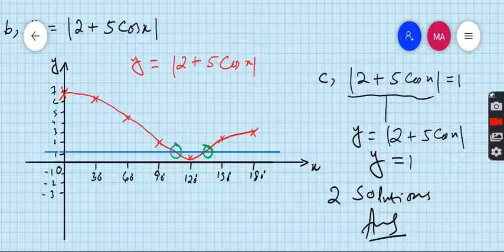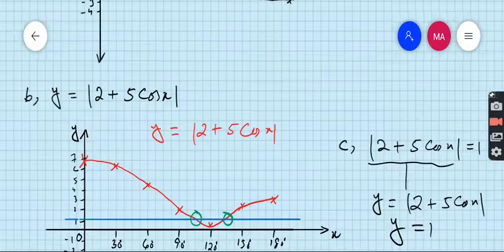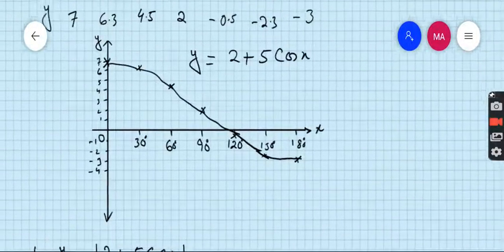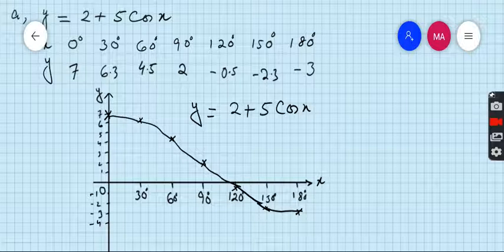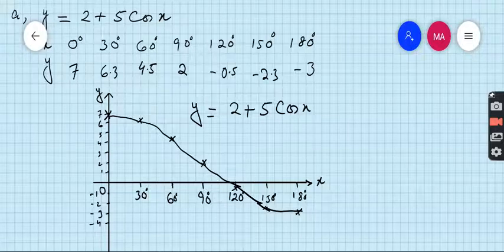So, very easy question number 3. There are 3 parts. The first part is to draw the graph of y is equals to 2 plus 5 cos x. We have drawn it, not a very good graph.